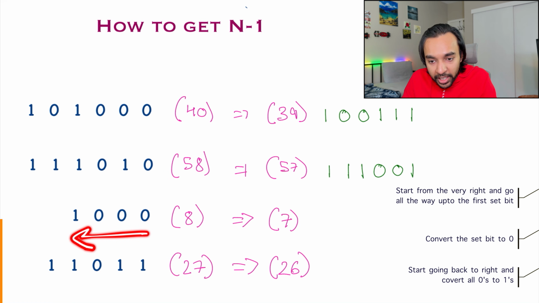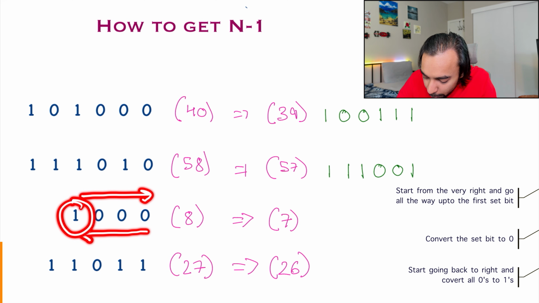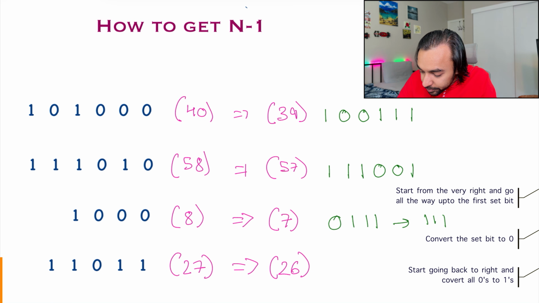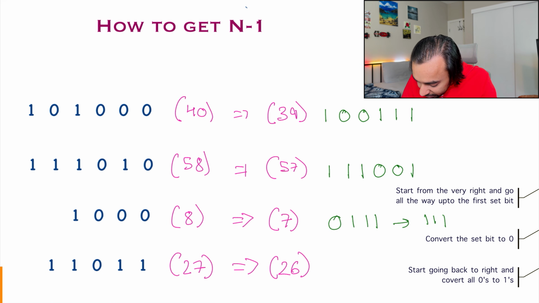Similarly, for the case of 8, I start from the very right, go to the left, I find a 1, convert this to 0 and then start moving all the way back. So I will get 0, 1, 1, 1, which is equivalent to 1, 1, 1. So this is the binary representation of 7, right? Similarly, let us look at one more example, that is 27.